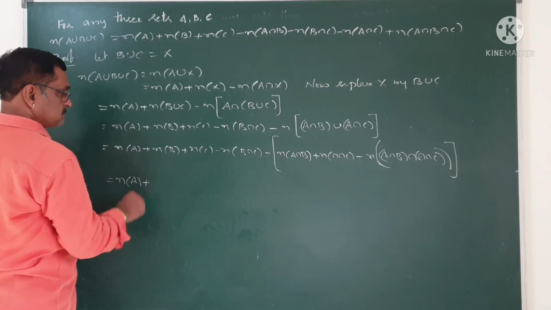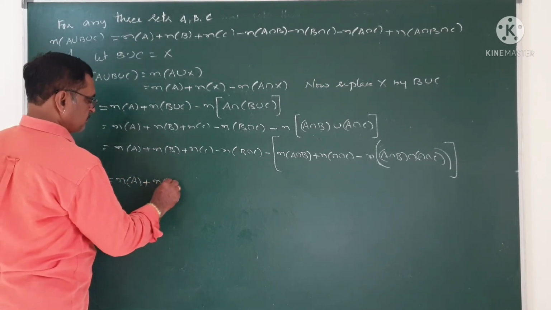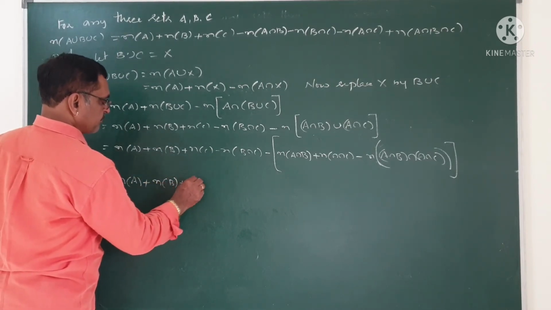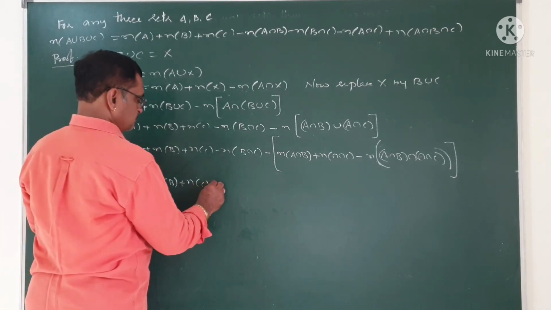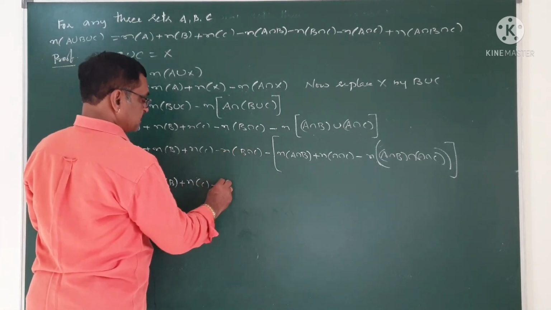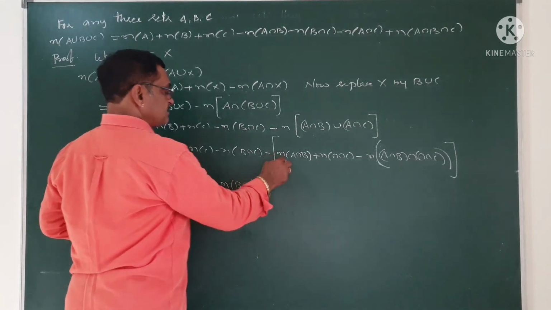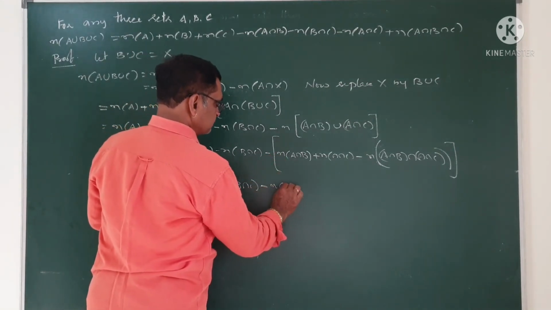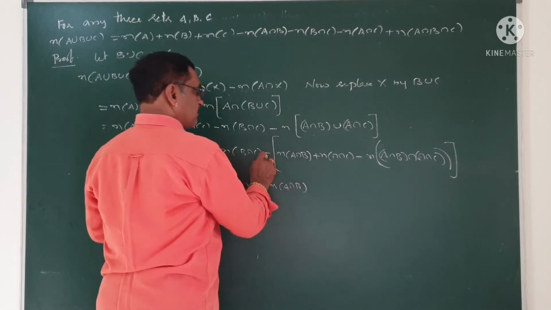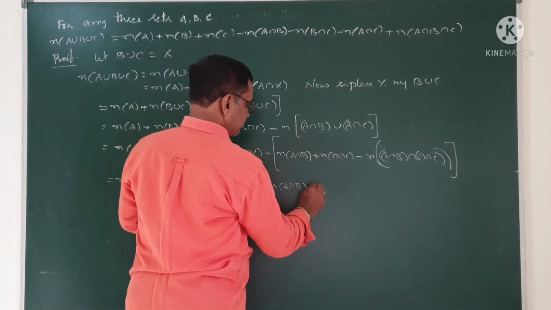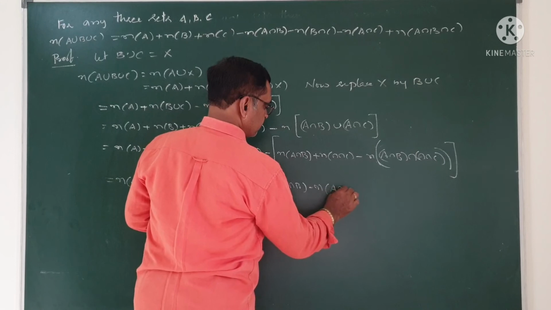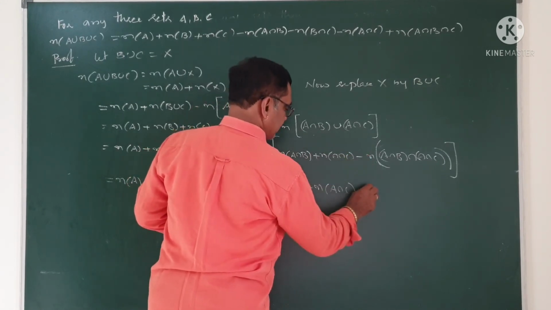n of A, n of B, n of C minus n of B intersection C, minus n of A intersection B, minus n of A intersection C, minus into minus plus.